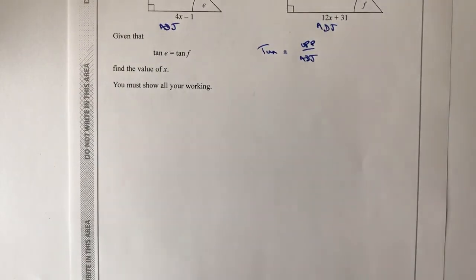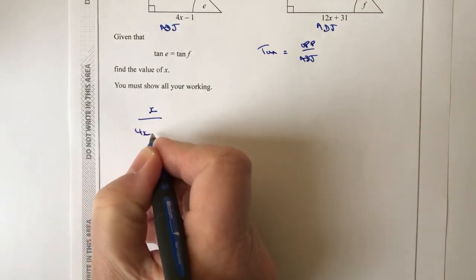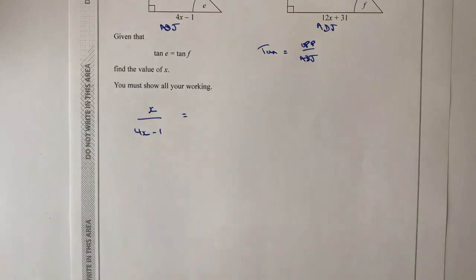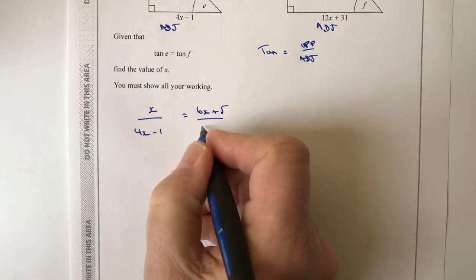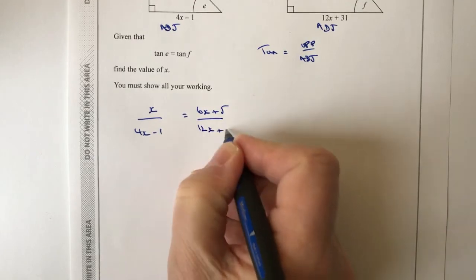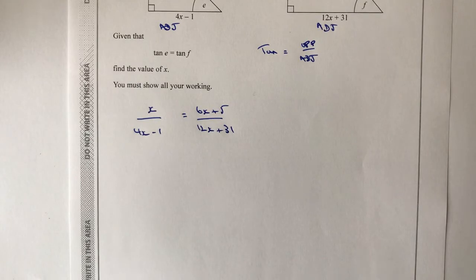So I'm going to write this as I've just said it: x over 4x minus 1 equals 6x plus 5 divided by 12x plus 31. In other words, the tangent of E is equal to the tangent of F. One of the things I use a fair bit, because it comes up quite a lot, is that we can cross multiply these.